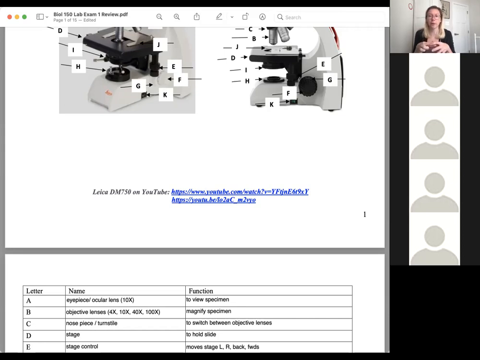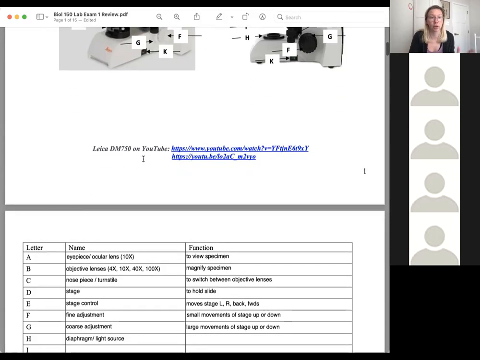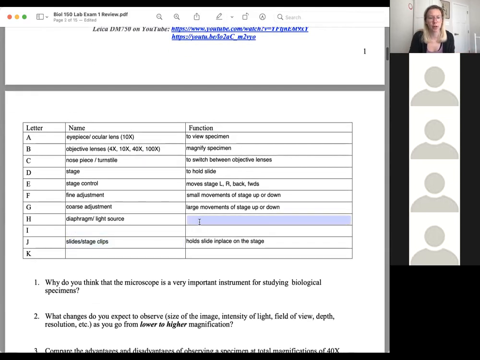If the diaphragm is completely open, then as much light as possible is going to shine through your specimen, but you can close the diaphragm and make it a little bit darker, which is sometimes needed to increase the contrast of what you're seeing. So the light source produces light for seeing the specimen, and the diaphragm adjusts how much light is coming through.